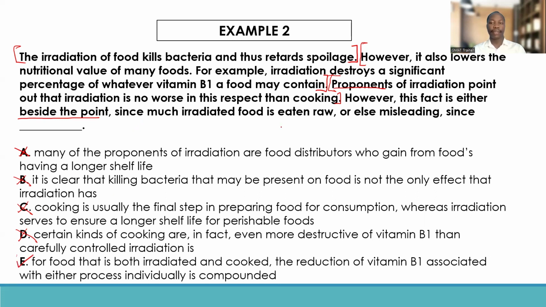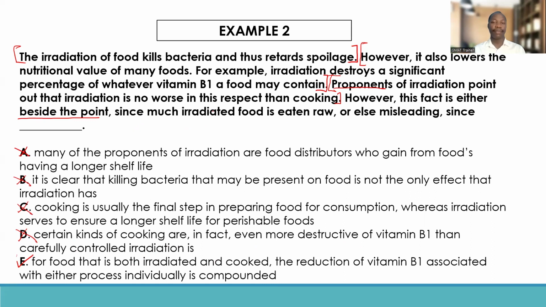So just to complete the passage, however, this fact is either beside the point, since much irradiated food is eaten raw, right? Or misleading, since for food that is both irradiated and cooked, the reduction of vitamin B1 associated with either process individually is compounded, right?